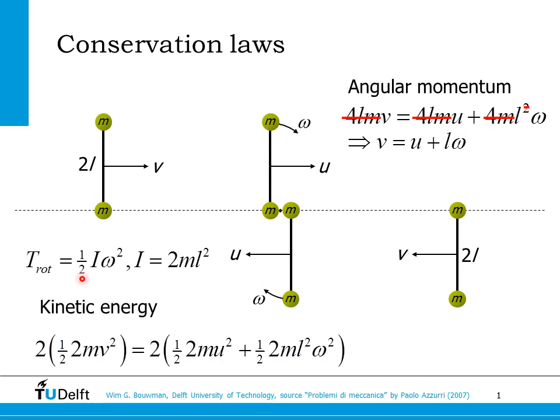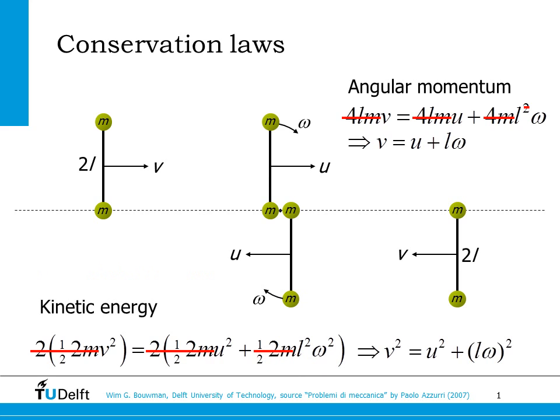It is 1/2 times the moment of inertia times the angular velocity squared, in which we fill in again the moment of inertia, and then we end up with this term, which again can be simplified a lot, and then we end up with this simple equation.